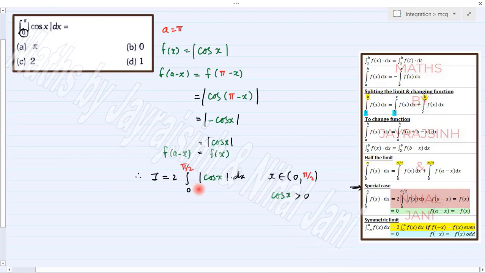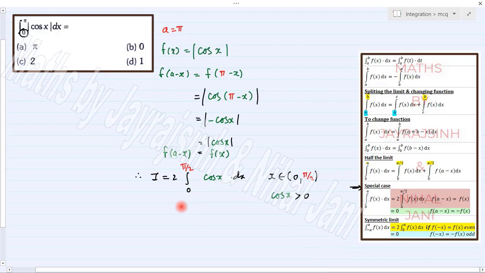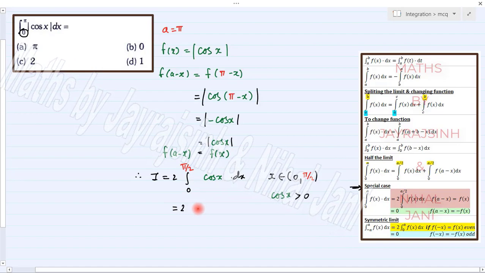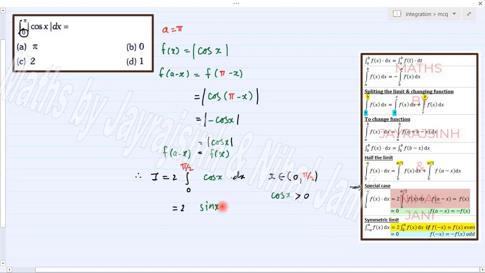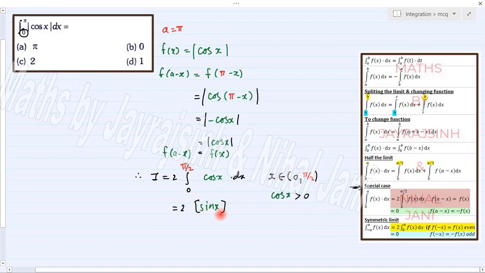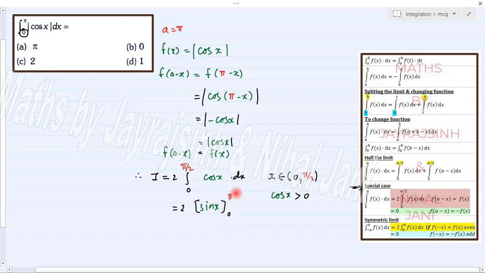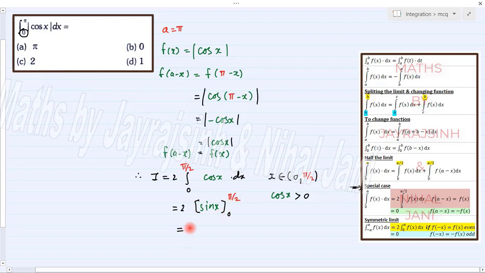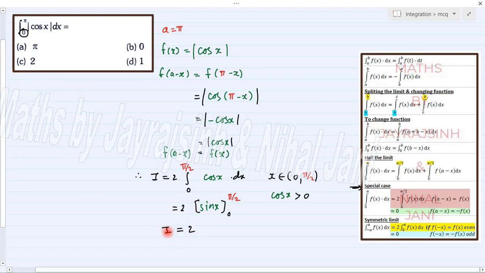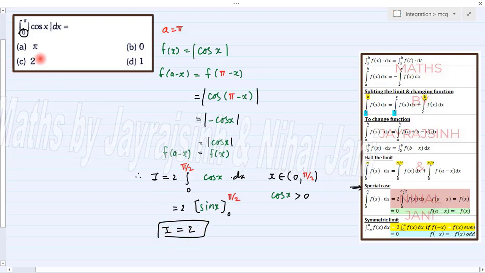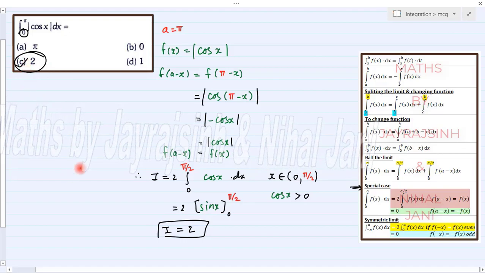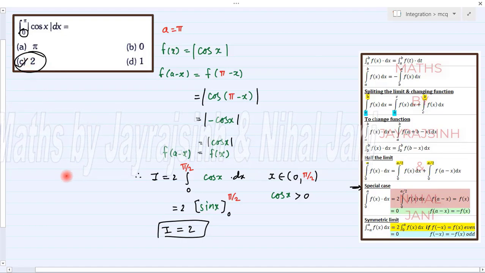So we don't have to worry about this mod. Integration of cos x will be sin x. Limit is from 0 to pi by 2. So we will get 2 as the final answer, which is given in option C. Ta-da!